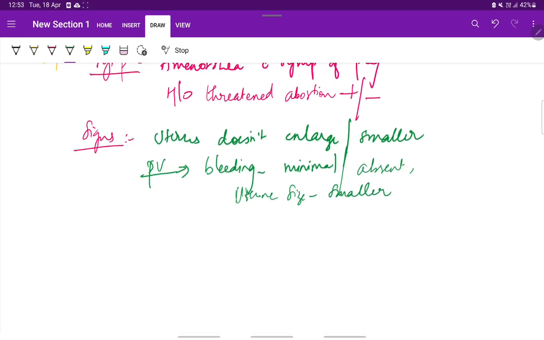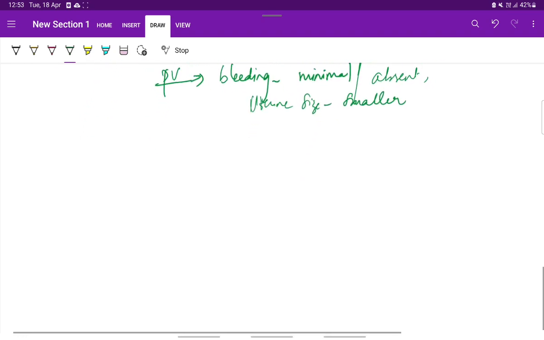The uterine size is smaller than the period of gestation.